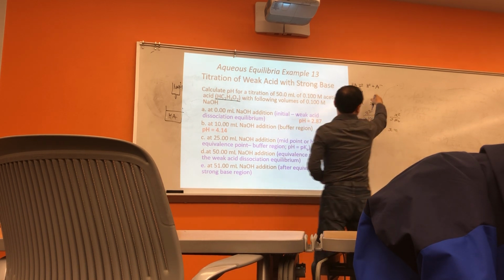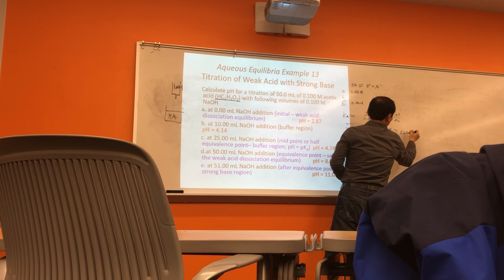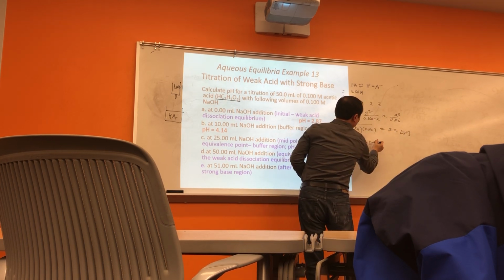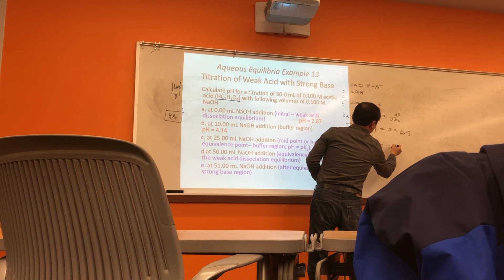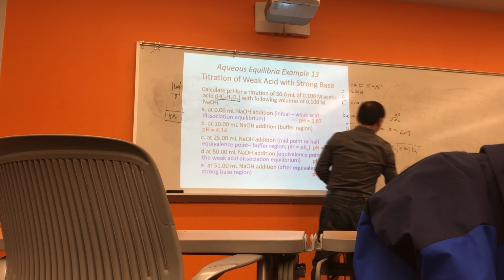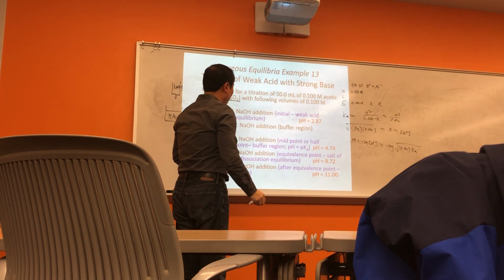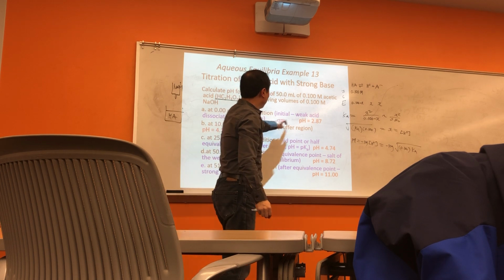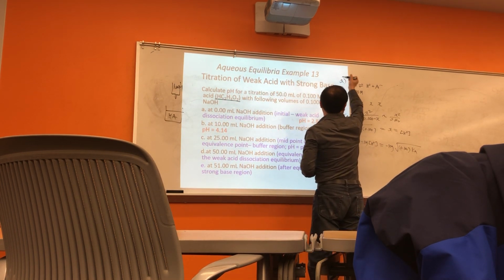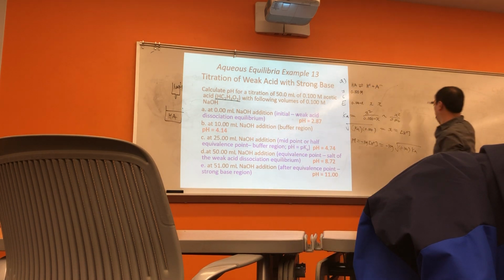X is our H plus concentration. So my pH, which is negative log of H plus, is negative log of the square root of 0.100 Ka. So if you do the calculation, you're gonna get that number. Just weak acid.